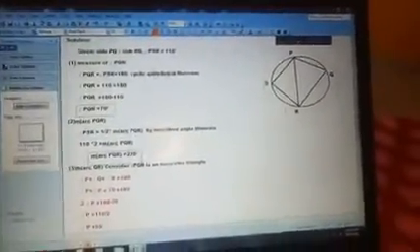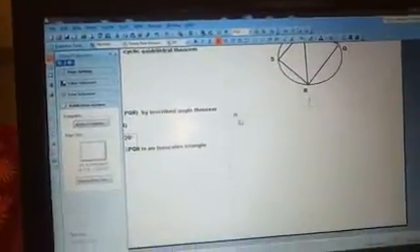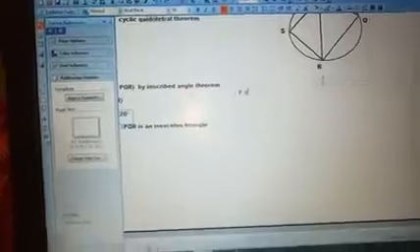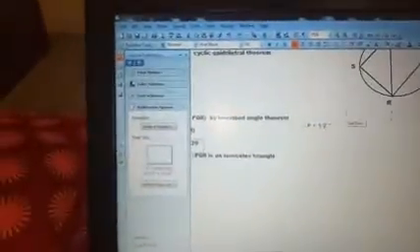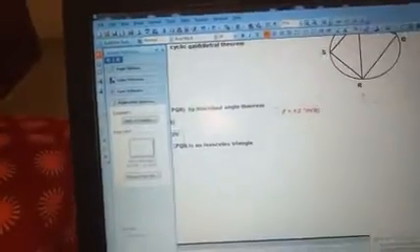Then angle P we got as 55 degrees. So by using the inscribed angle theorem, now here angle P is equal to half of the measuring arc QR, because it is an inscribed angle.